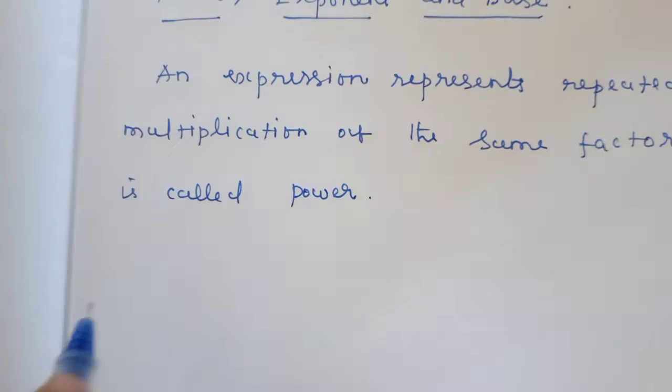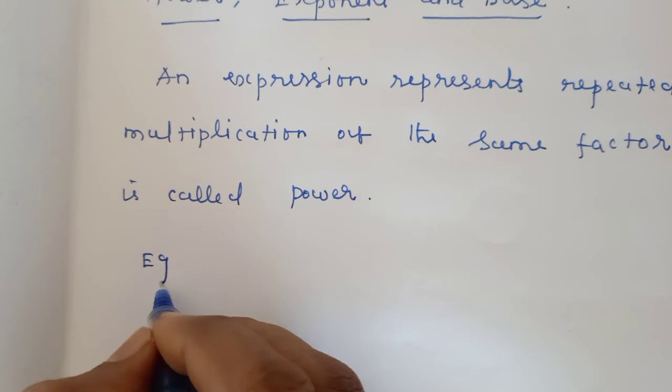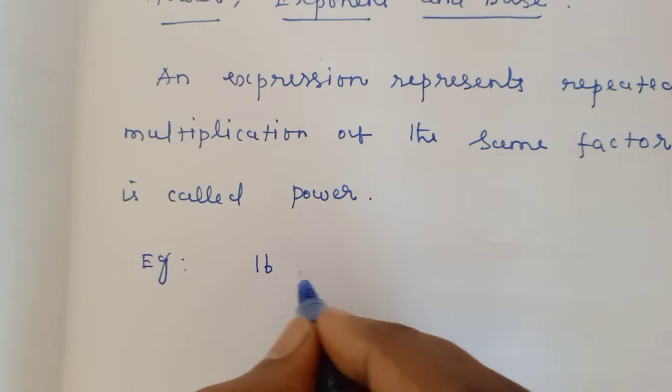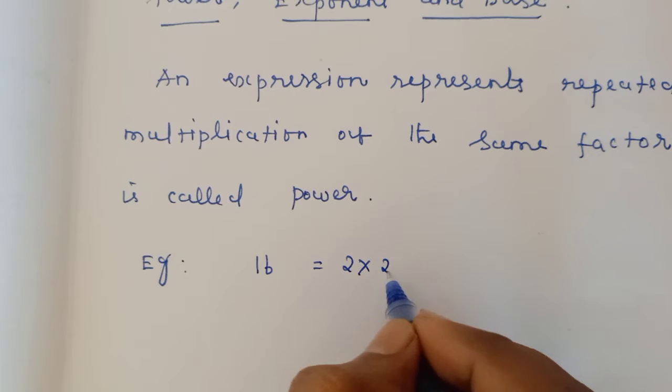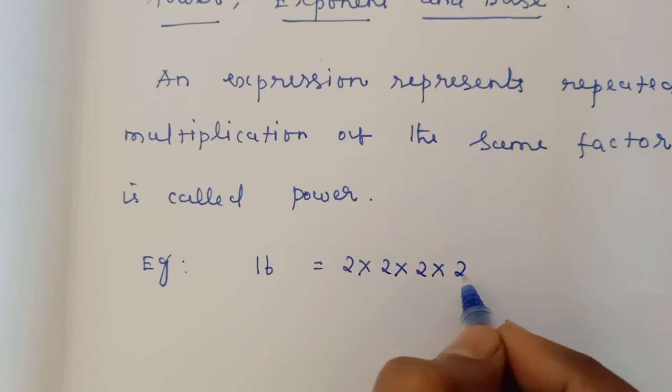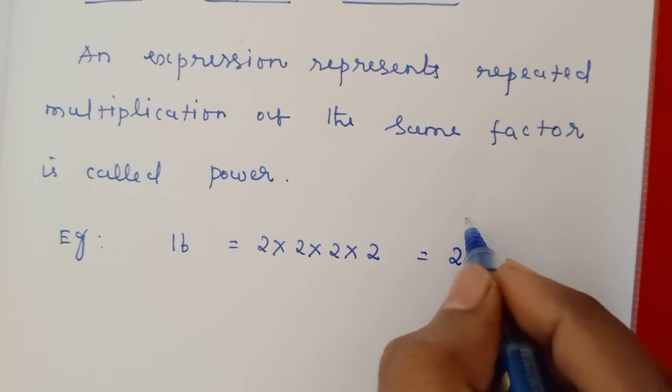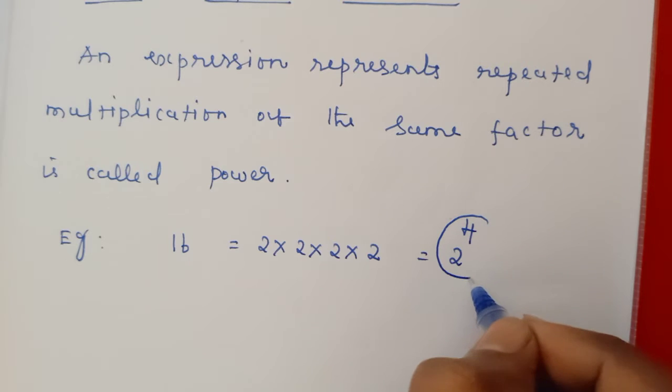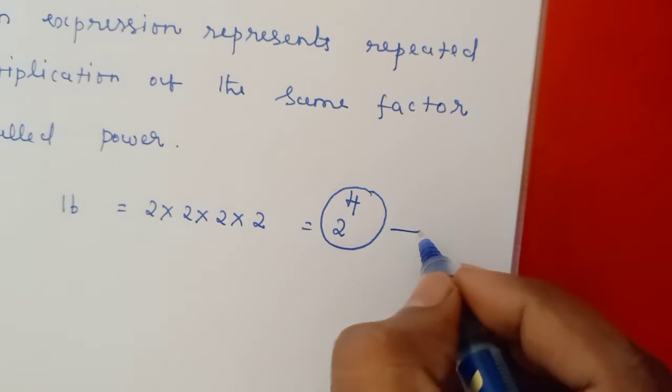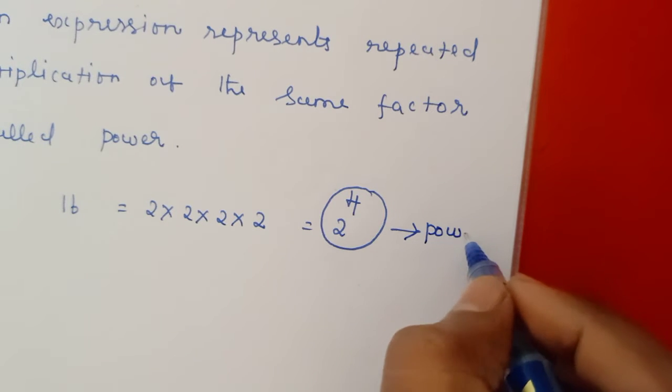Fine. For example, 16 is equal to 2 into 2 into 2 into 2, that is equal to 2 power 4. This 2 power 4 is called power.